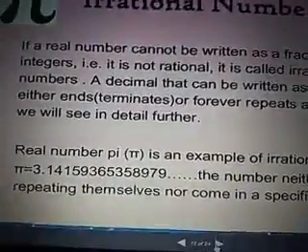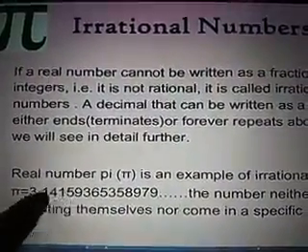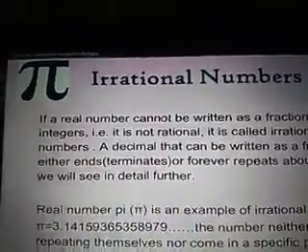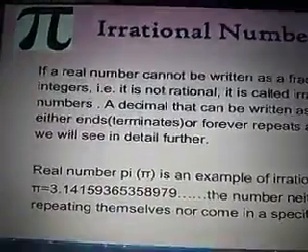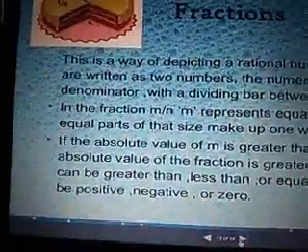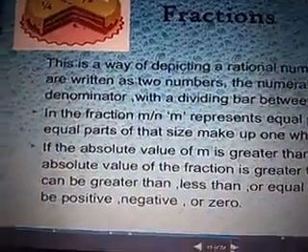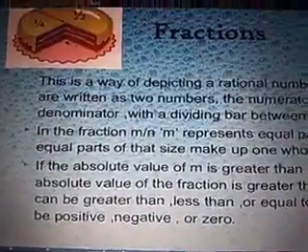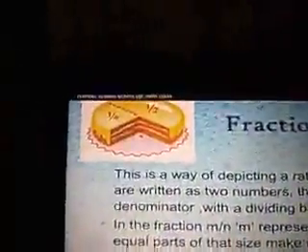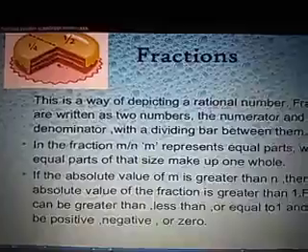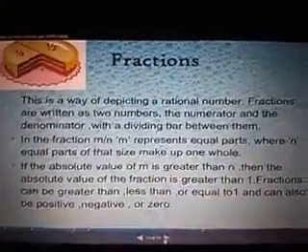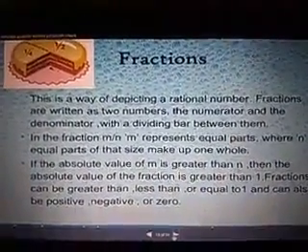If it is continuously going on and going on, it is not terminating, and it is non-repeating, then we can say that it is an irrational number. Though fraction, as we have studied from the 6th class, needs no introduction over here. The denominator, the numerator.